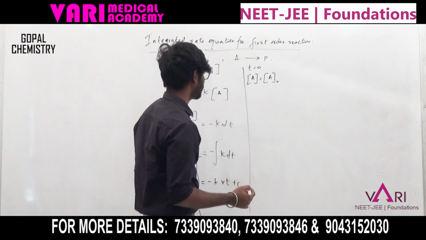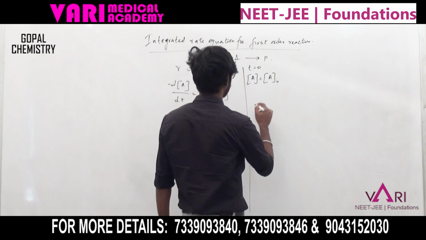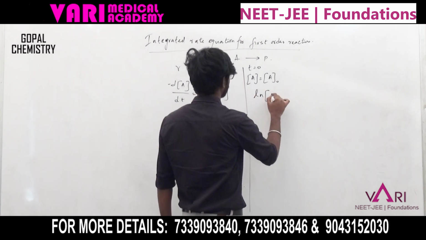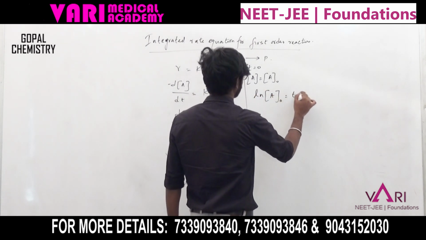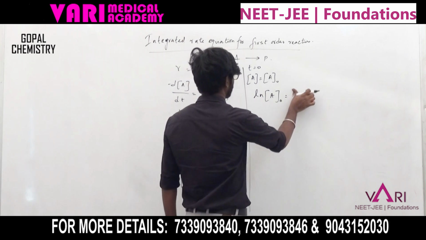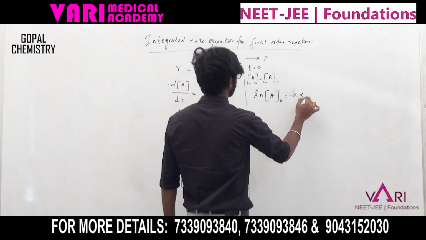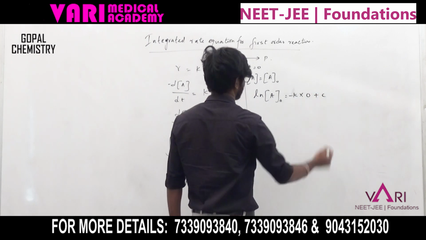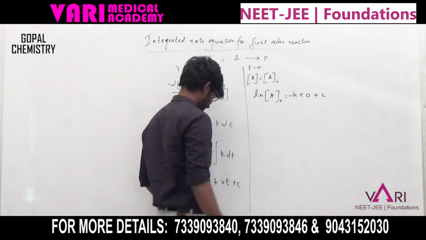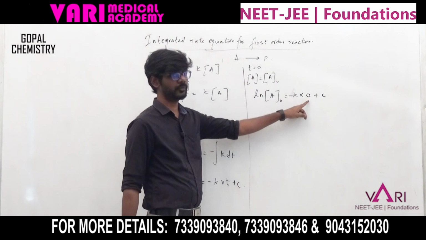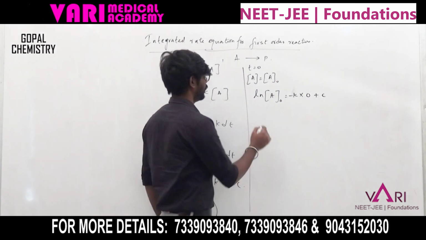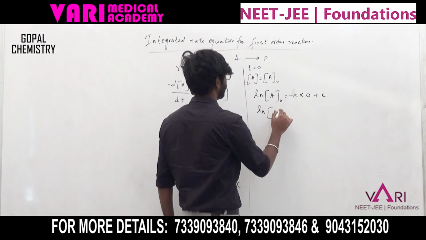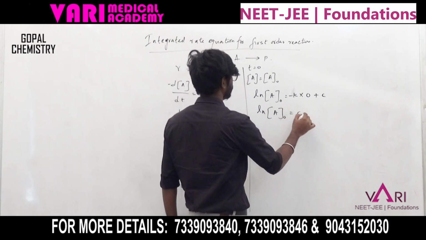So here we can substitute: negative ln of A naught equals minus k into 0 plus C. Because here t equals 0, negative ln of A naught equals C.